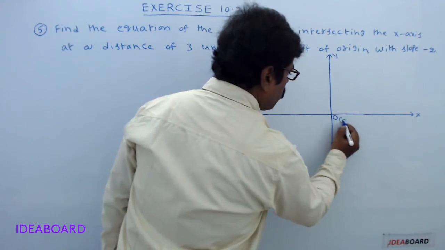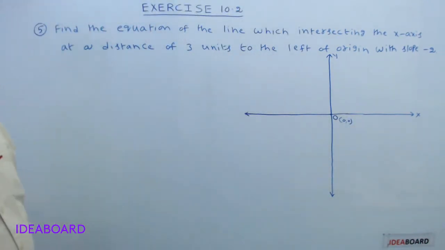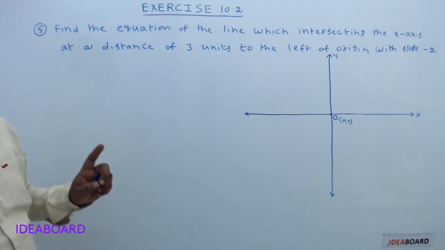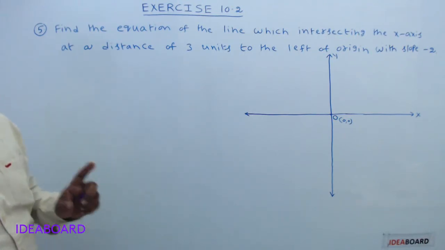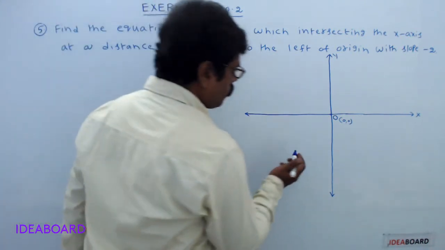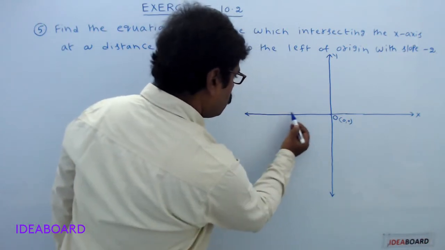Coordinates of origin will be 0, 0. Now, according to the given data, the required line intersects the x-axis at a distance of 3 units to the left of origin. This is the origin.